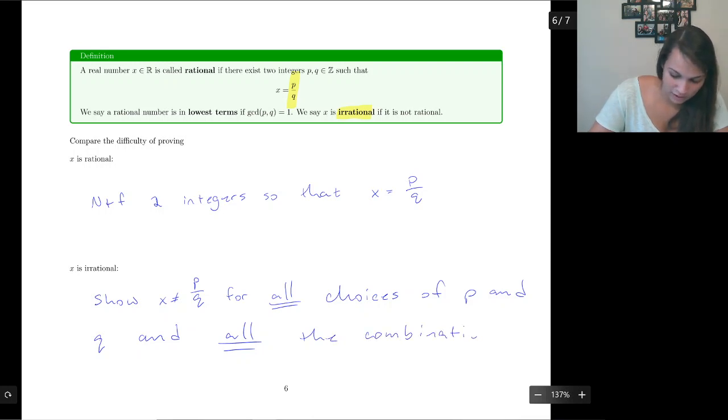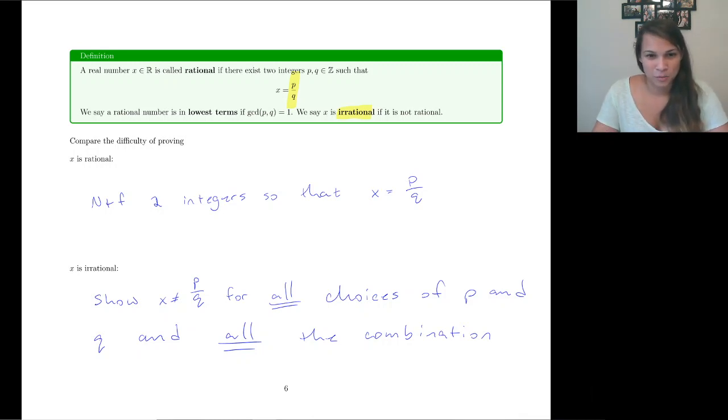That's a lot of stuff to go after. That's a lot more than 2. So as soon as you see, I need to prove irrational, you probably don't want to do that directly. I need to get some sort of contraposition going so that I don't have to deal with irrationals and I can just keep playing with rationals, because rationals are nice.